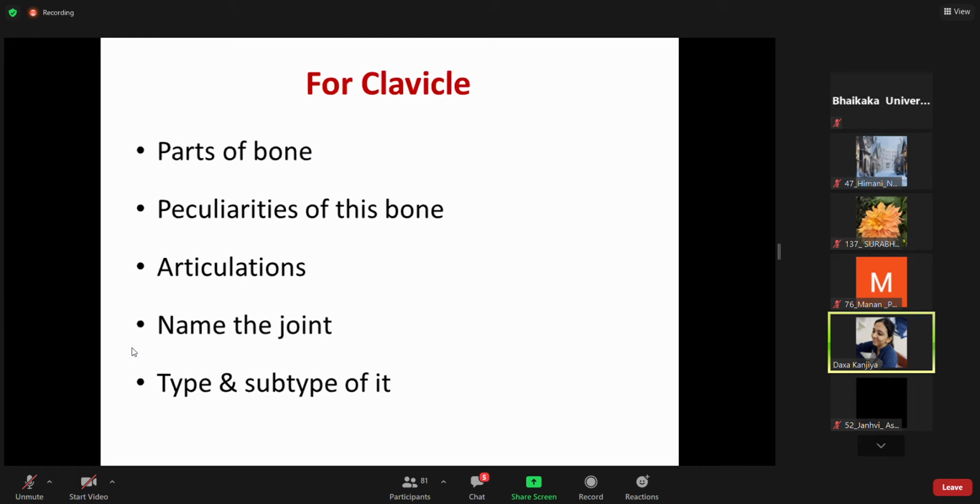So for the clavicle, particularly important is the peculiarity of the clavicle. Yeah, that is very, very important. Then its site determination. And once you determine the site correctly, then the parts of the bone, the articulation, joints formed by the clavicle, the type and subtype of the particular joint.